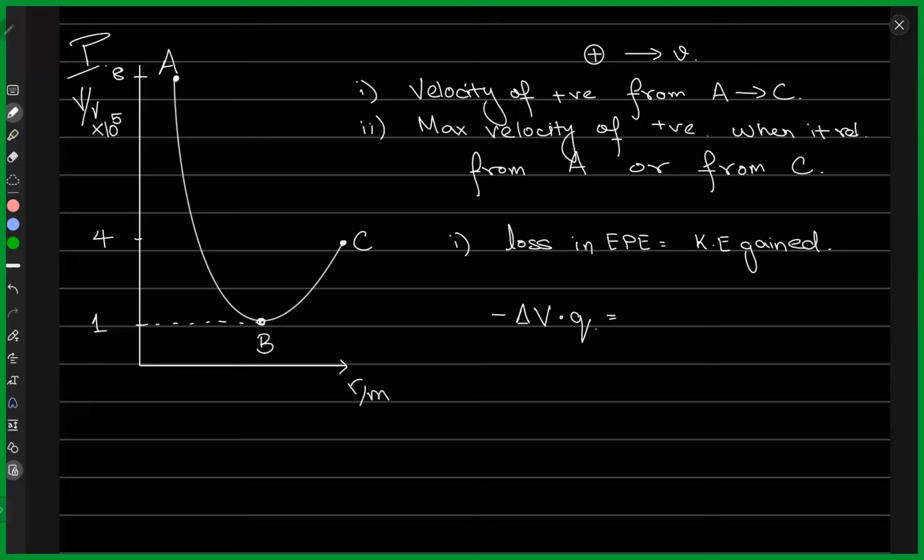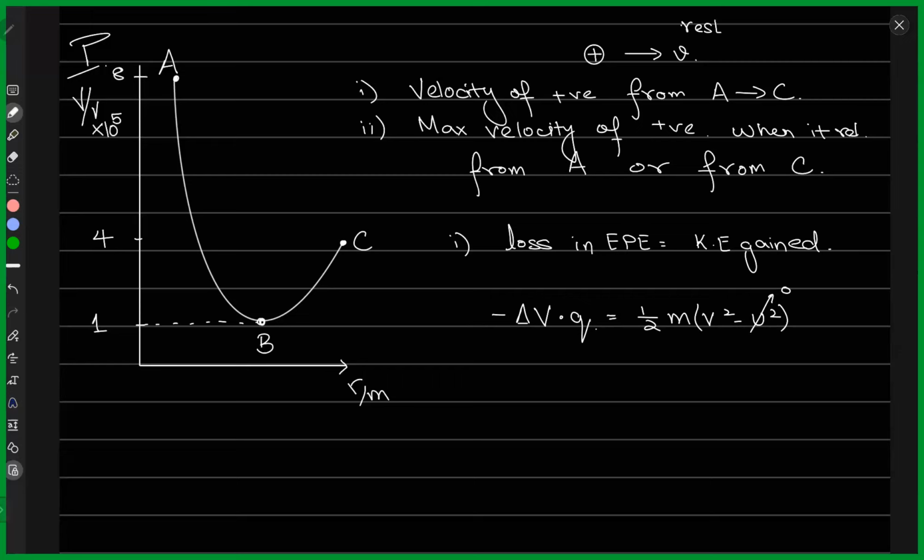The gain in the kinetic energy is just half m v squared, or you can say half m times v squared minus u squared, but u is 0 because it was released from rest.